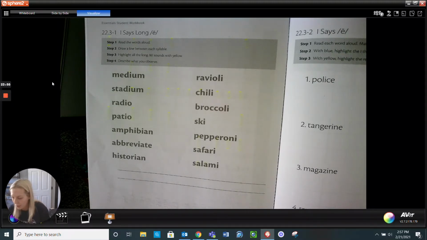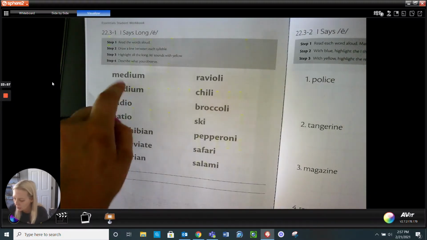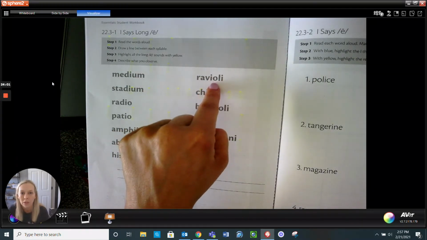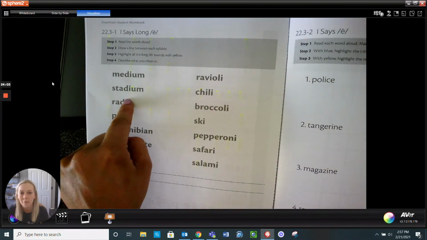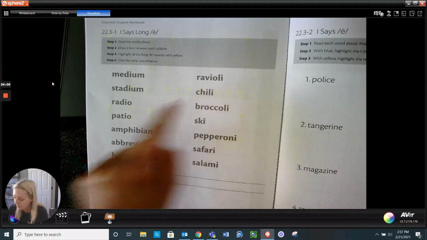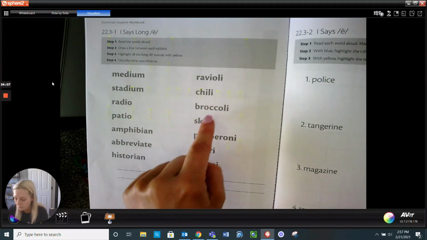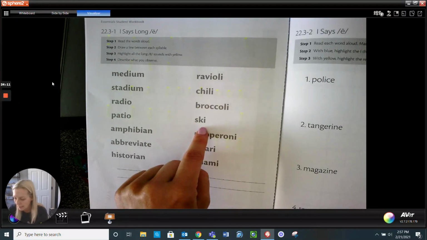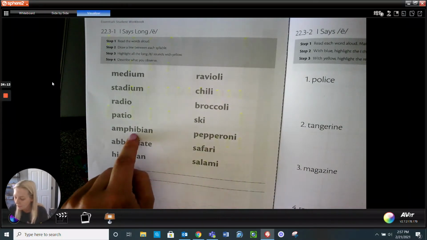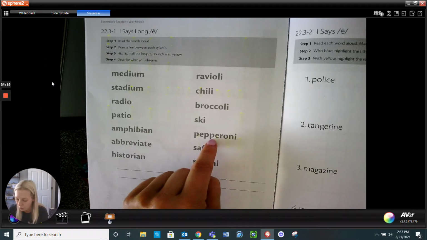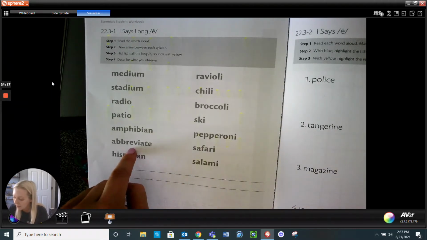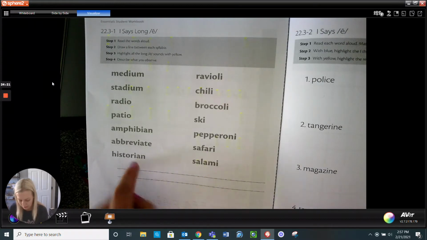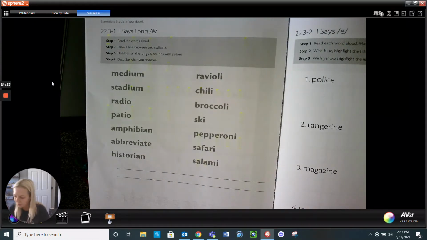All right, step one, read the words aloud. Medium, ravioli, stadium, chili, radio, broccoli, patio, ski, amphibian, pepperoni, abbreviate, safari, historian, salami.